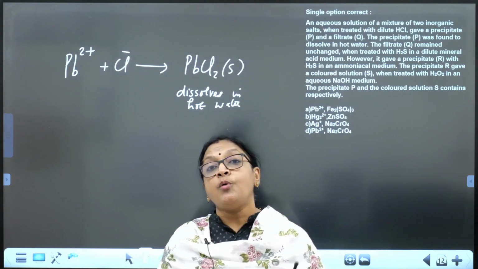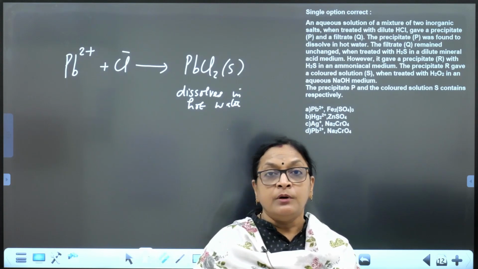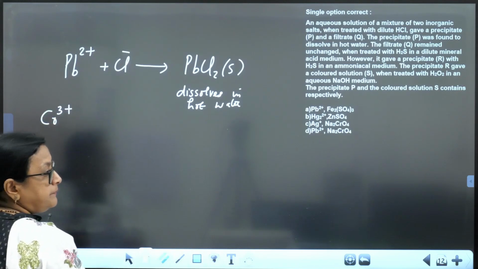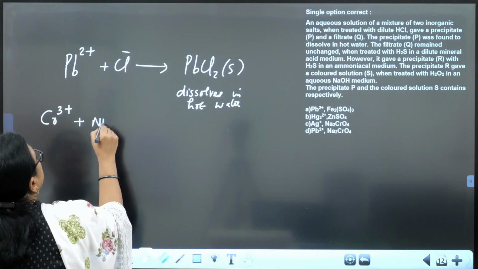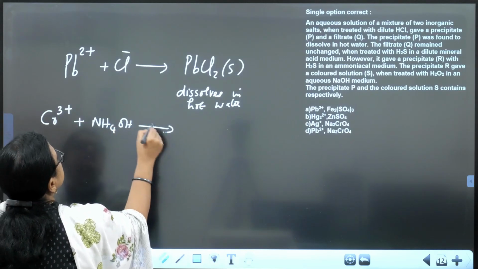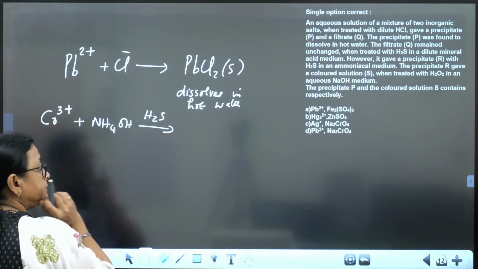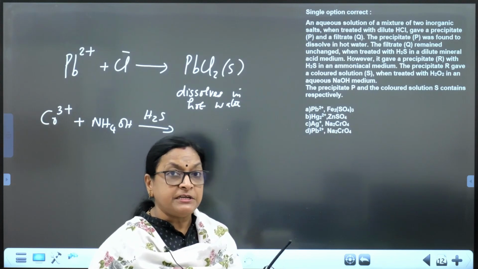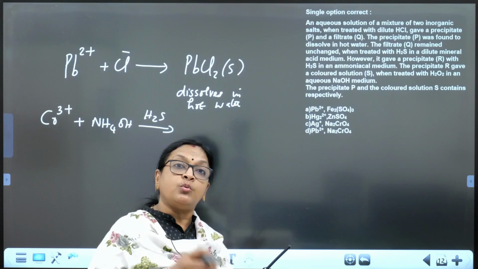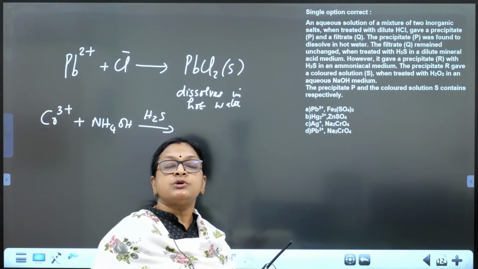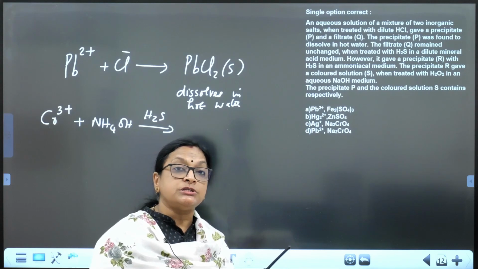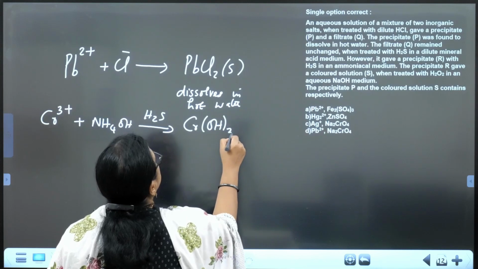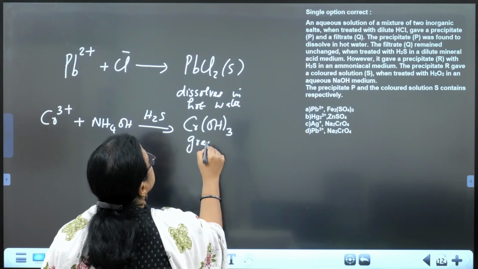So when you go to chromium, there is a possibility, where chromium 3+ ions, if present in solution, are treated with ammonium hydroxide and H2S medium. Chromium hydroxide is precipitated. Remember, it's not chromium sulfide; chromium hydroxide has a lower KSP value, or lower solubility, than chromium sulfide. So it is chromium hydroxide, Cr(OH)3, which is precipitated, a green precipitate of chromium.